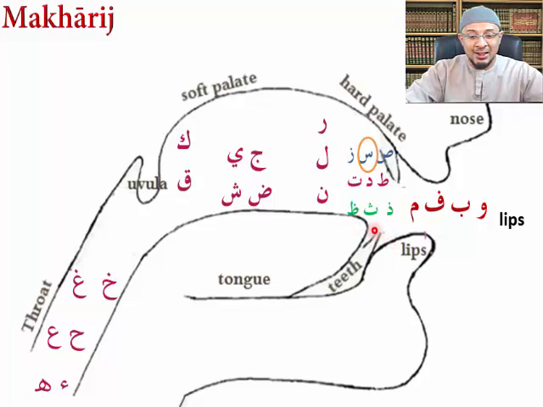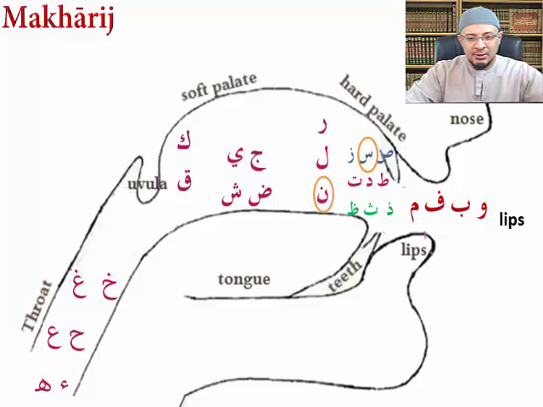Even though it's jammed over here with all these other letters, this is the makhraj right here where the highlighter is pointing. And that's Sin. The light letter Sin.